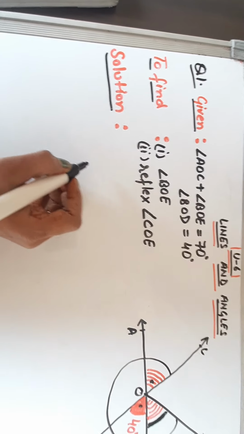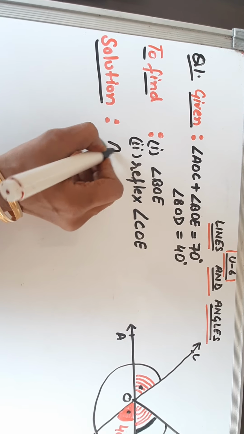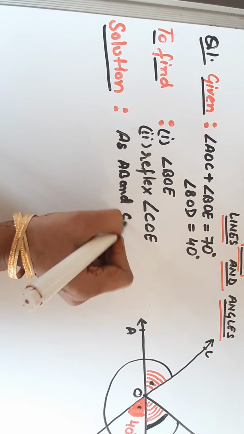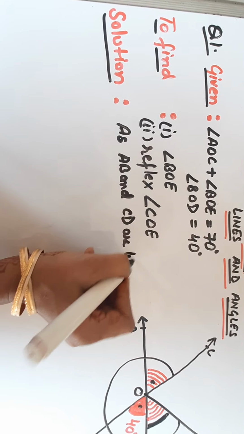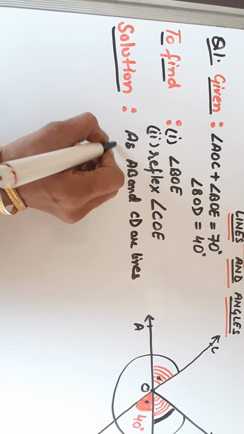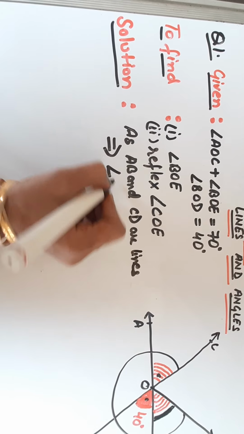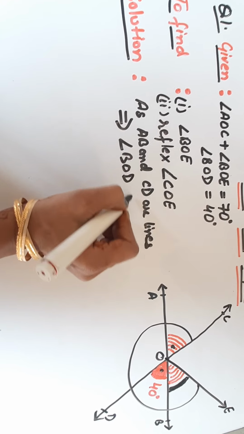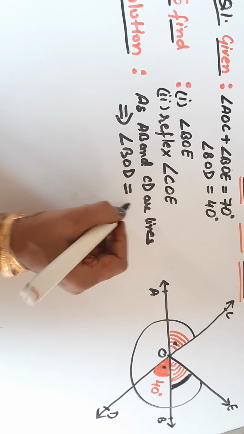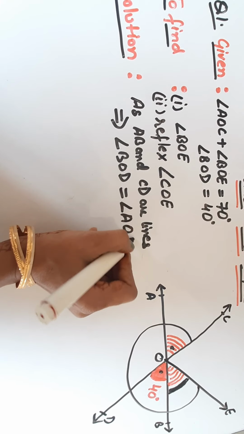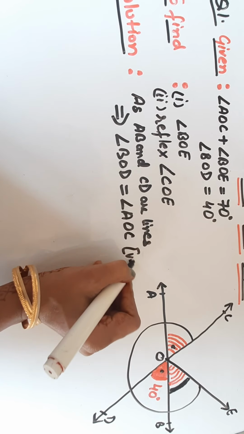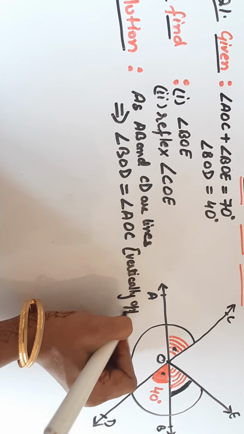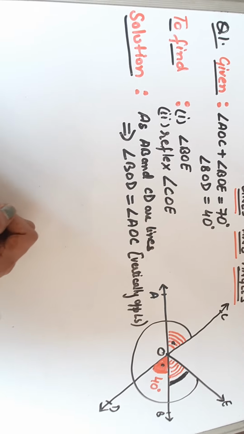So let us write down. What do we write as? AB and CD are lines. अभी हमने थ्योरम की थी. This implies angle BOD, means this angle, must be equal to angle AOC. Reason लिखना नहीं भूलेंगे: vertically opposite angles.